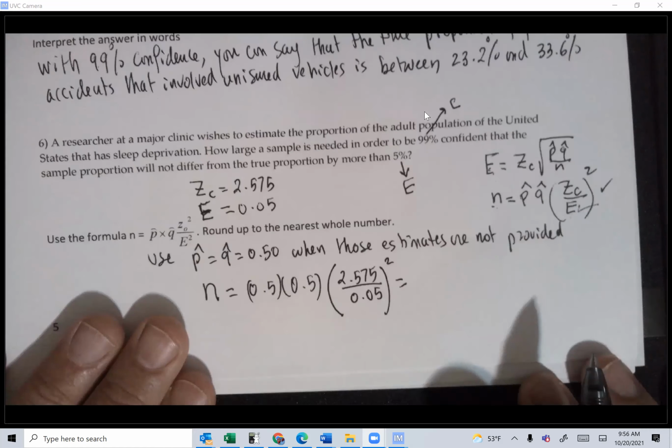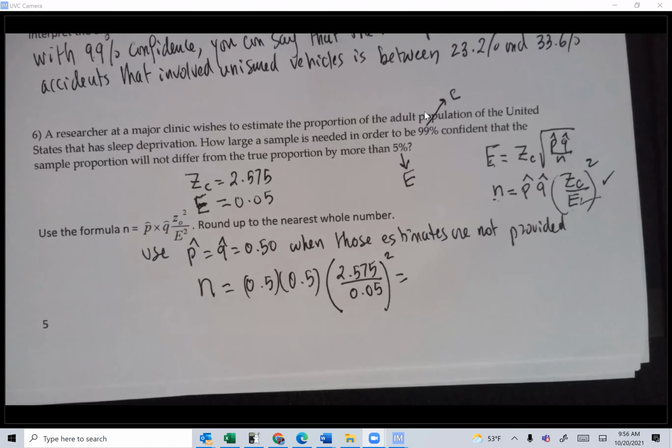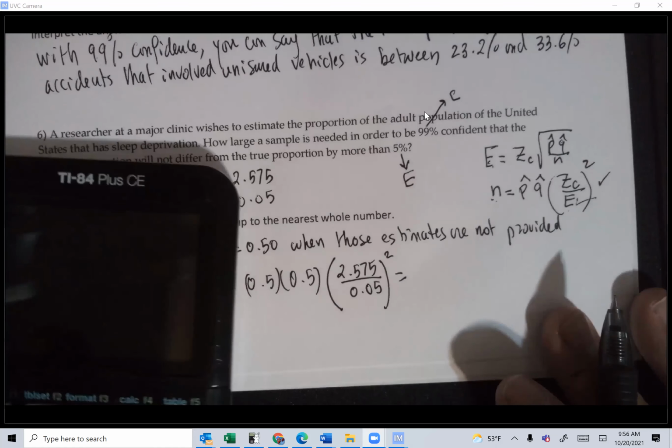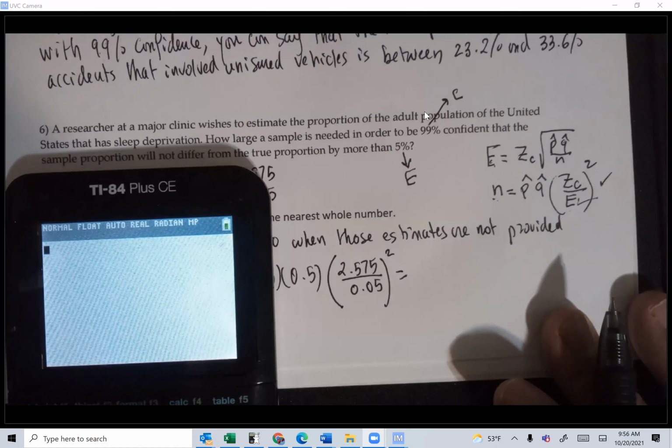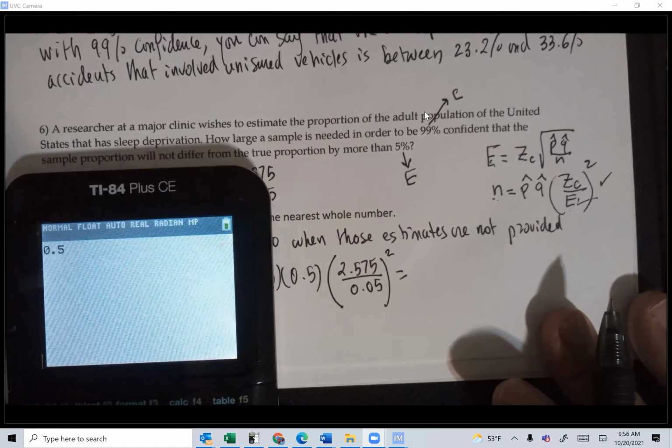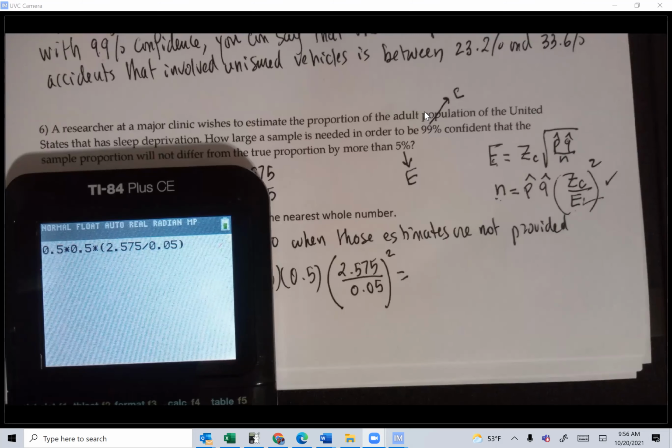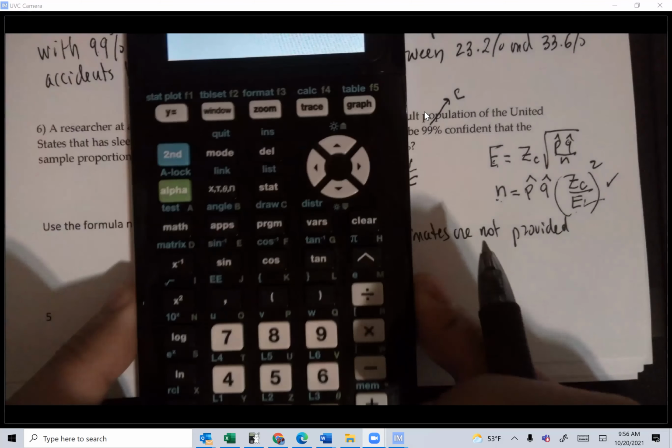Let me show you how to do that on the calculator. 0.5 times 0.5 times, open parentheses, guys. Put 2.575, divide by, be careful, it's 0.05, not 0.5, and then square it. There's the square right here.